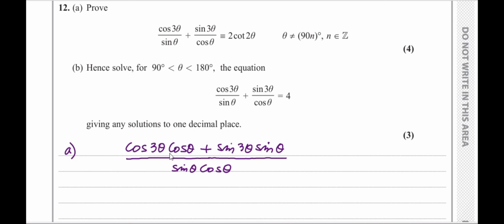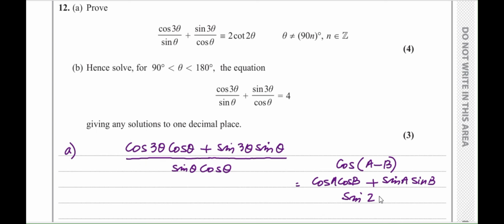Okay, so this numerator follows the trigonometric angle expansion formula, which is, if we remember, cos of A minus B should be equal to cos A cos B plus sin A sin B. And the denominator follows sin 2A equals 2 sin A cos A. Using these two identities, let us try to solve this.